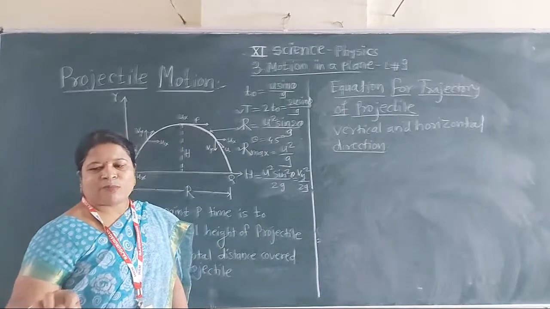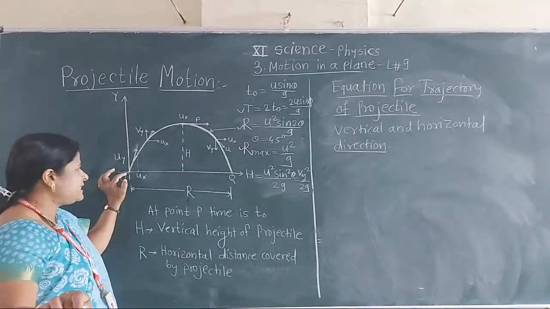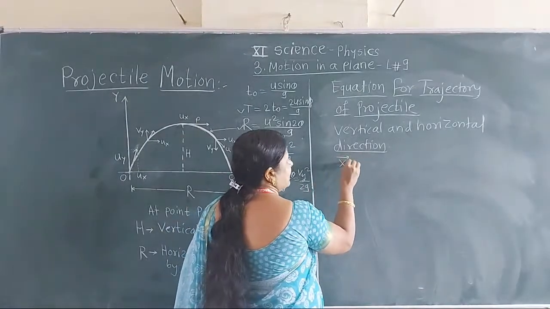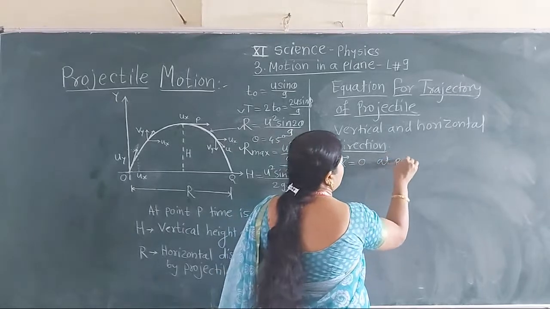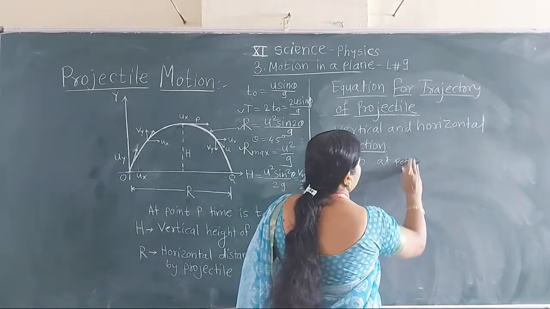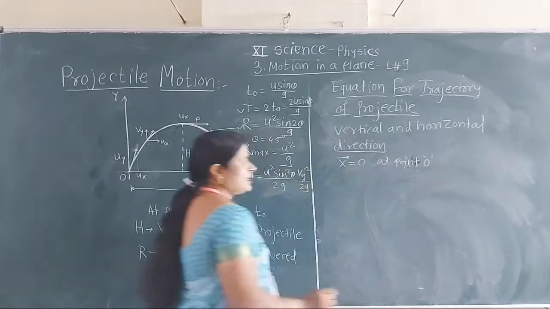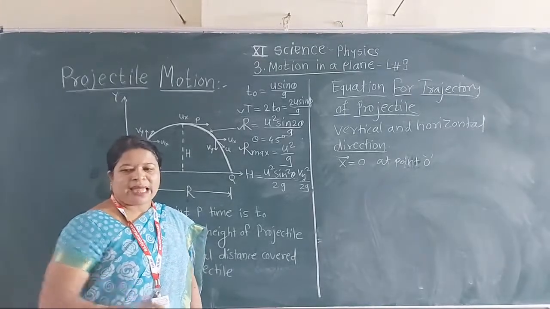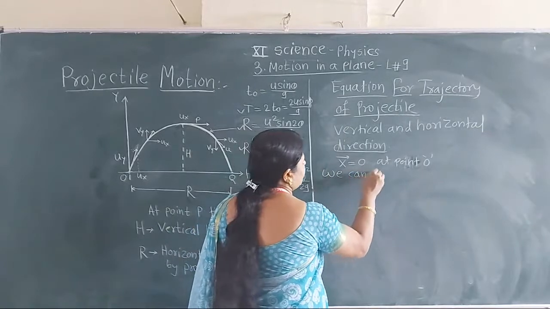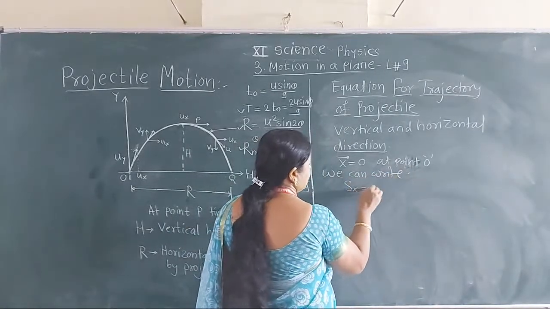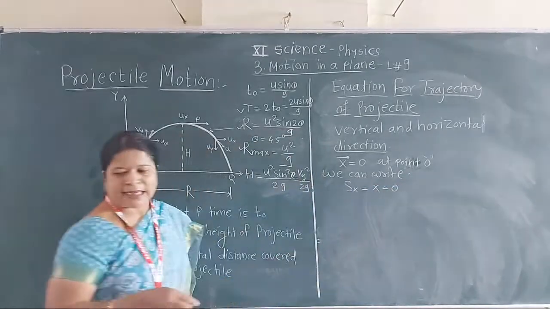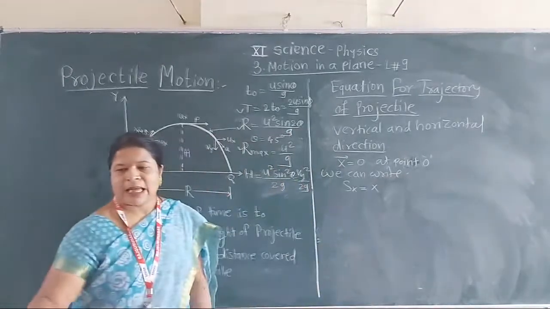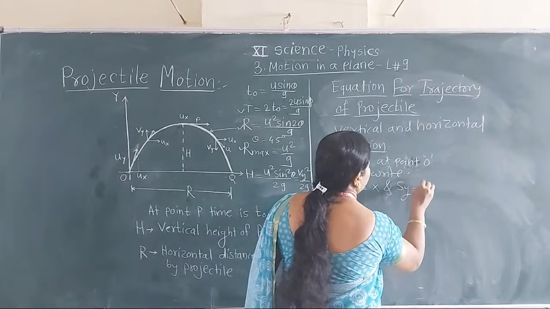So as the projectile starts from point O, see in this diagram, projectile starts from point O. So vector x is equal to 0 at point O. The displacement at point O will be 0. Then for vector x equal to 0 we can write sx is equal to 0 at the starting, and sx is equal to x and sy is equal to y.